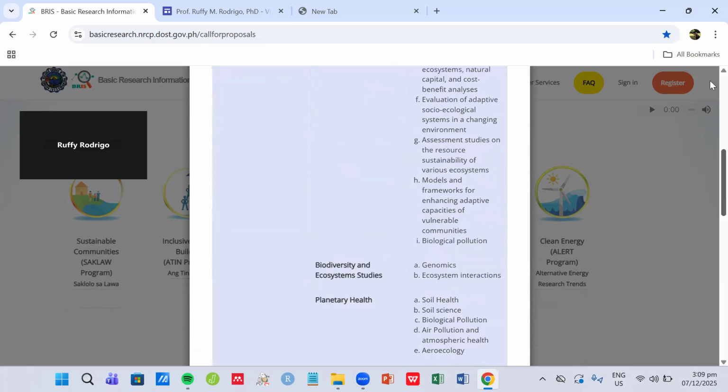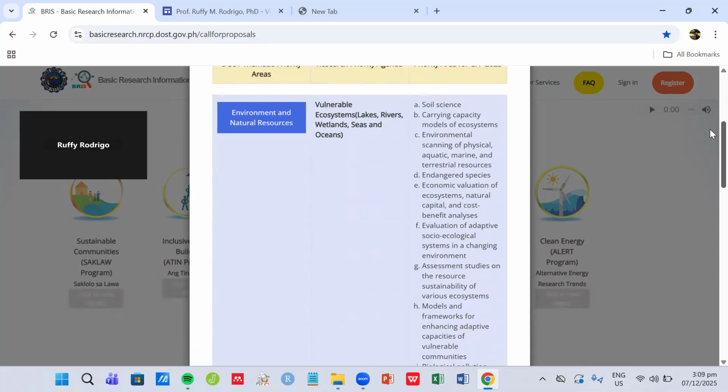In my case, I was really interested in endangered species, because at first I wanted to work on endangered species on Luzon Island where I work.